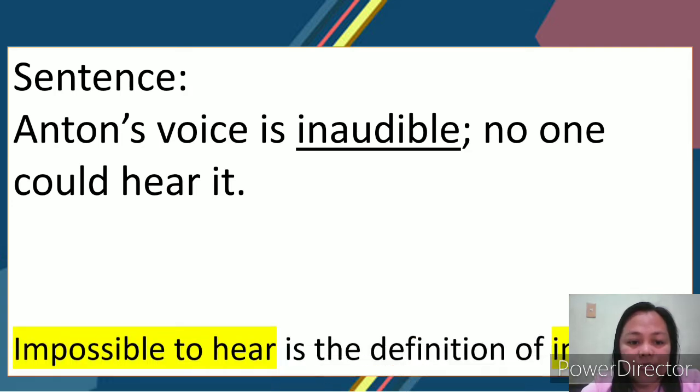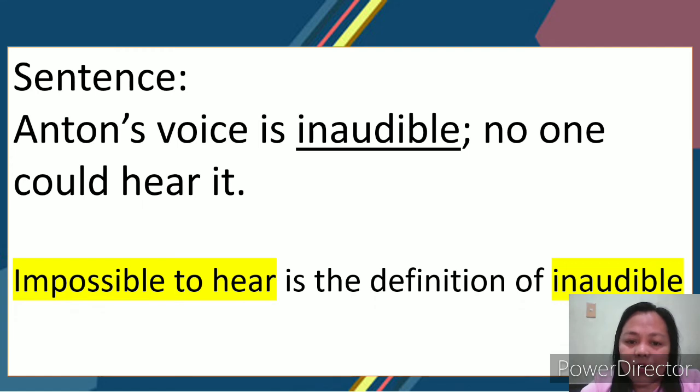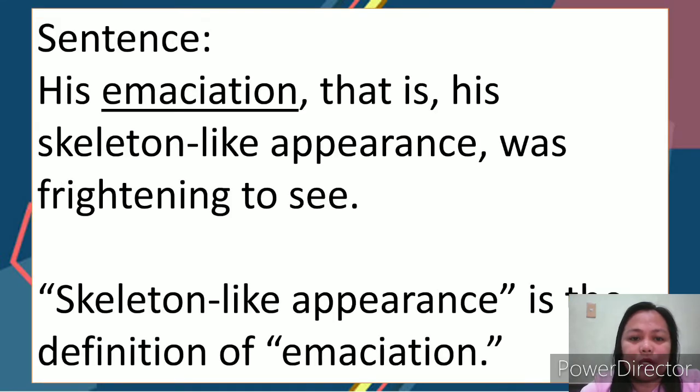So, that is impossible to hear. It's the definition of inaudible. So you don't need to look up the dictionary. You just need to know how to use context clues. Another: his emaciation, that is, his skeleton-like appearance, was frightening to see.